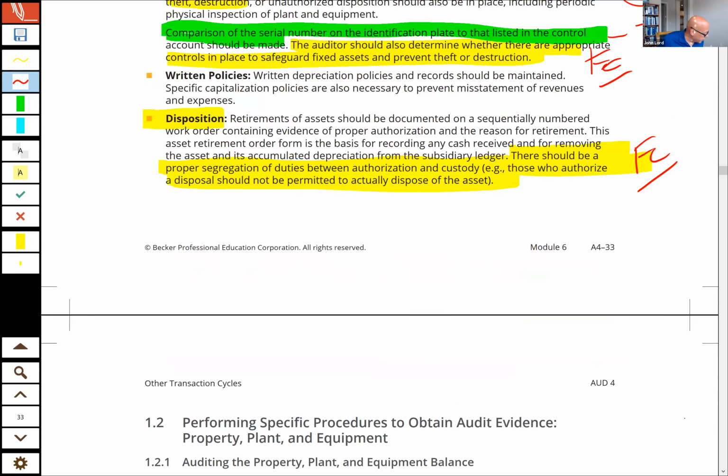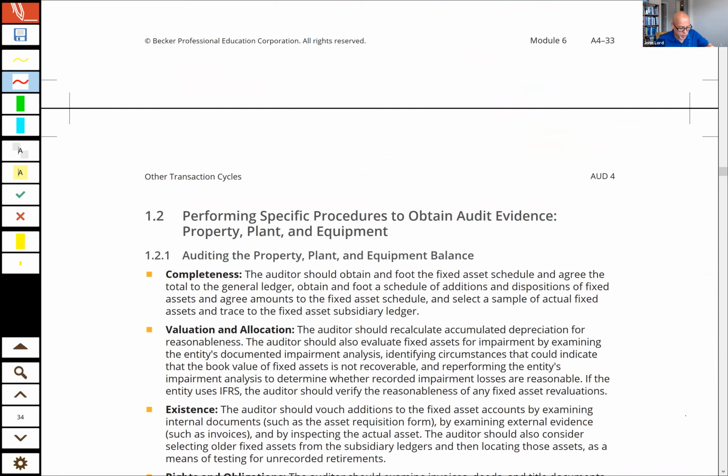Okay, all right, good. Now we go over and we start talking about procedures. And again, I think they could do a better job calling out the fact that we are talking about substantive procedures. So they do that, at least they make that annoying mistake consistently that they don't call out that they're talking about substantive procedures associated with the various assertions.